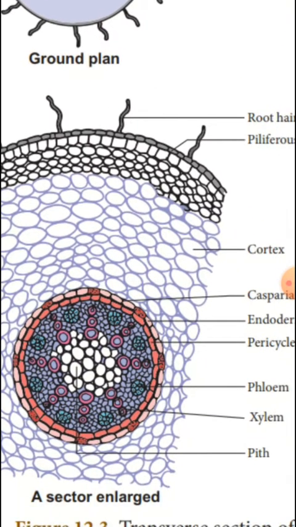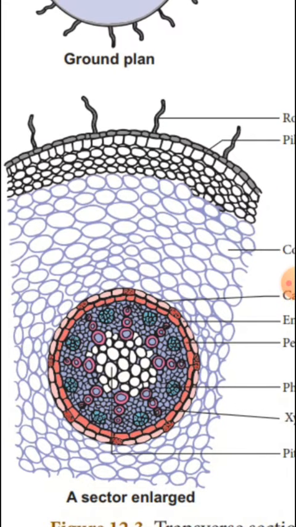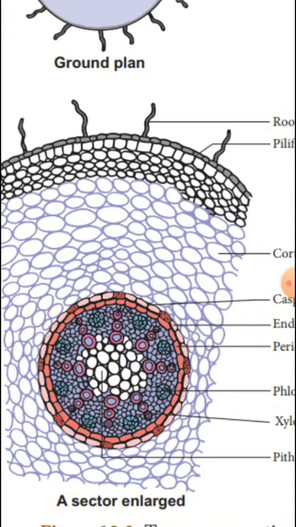So if you talk in detail, the outermost region of a young root has thin walled cells. This region is called epiblema, or it is called the piliferous region, and sometimes it is also called rhizodermis.